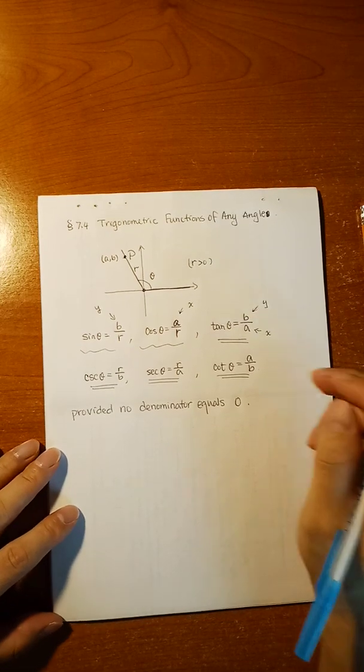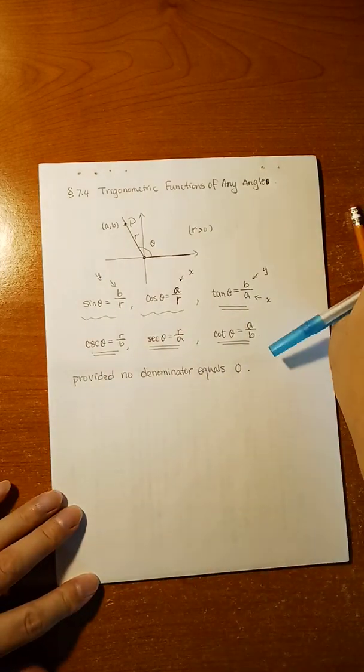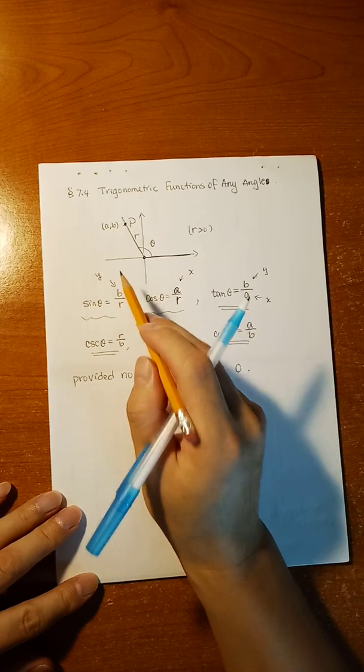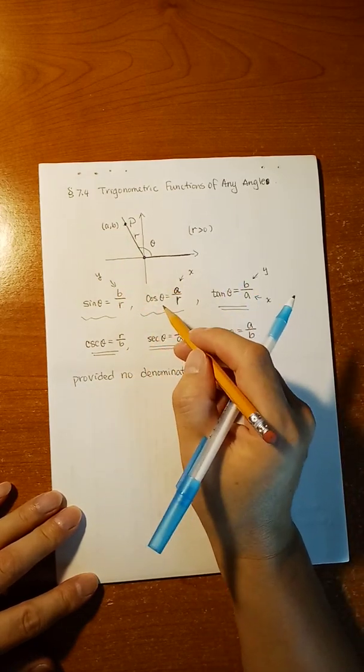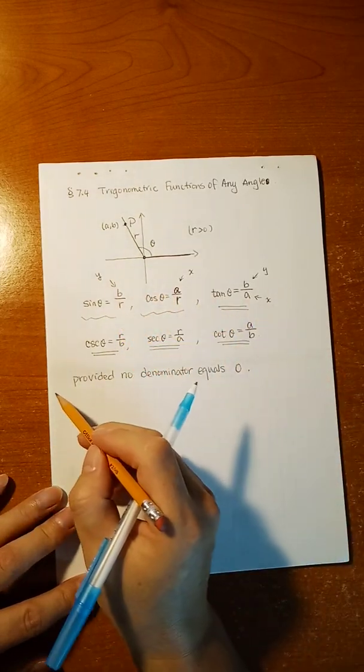So this is the definition. Keep in mind, sine is the y coordinate over r. Cosine is x over r. Cosine is related to x, sine is related to y.